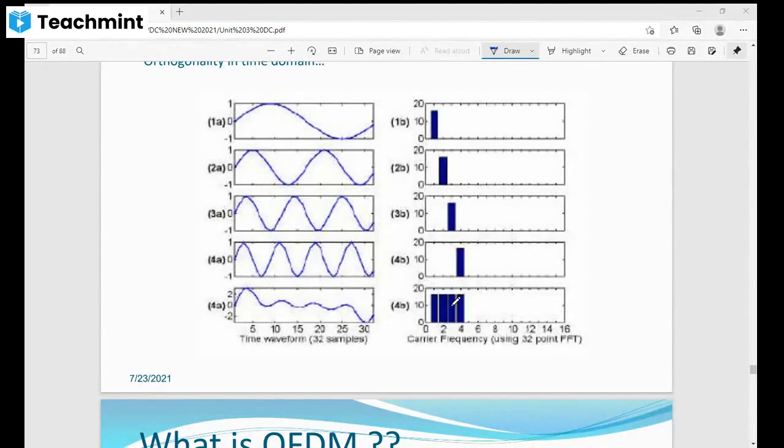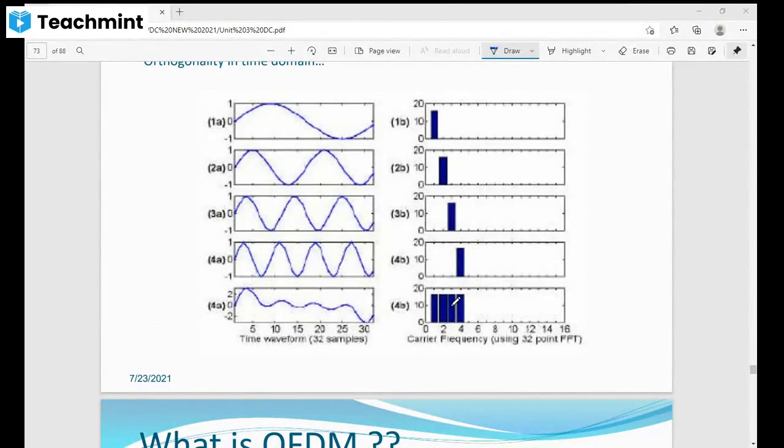It means we sent them parallelly. The signals are perpendicular to each other, sent parallelly. Okay, are you understanding? So are you getting this?